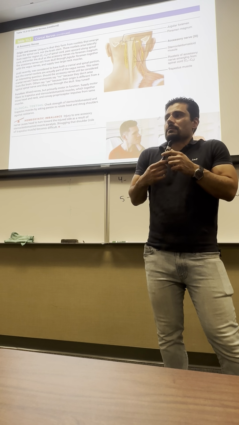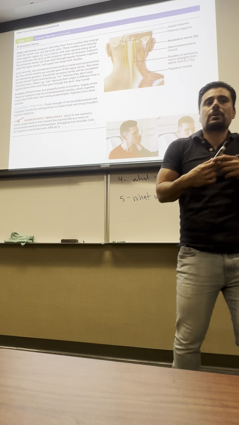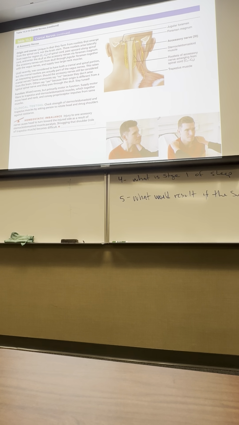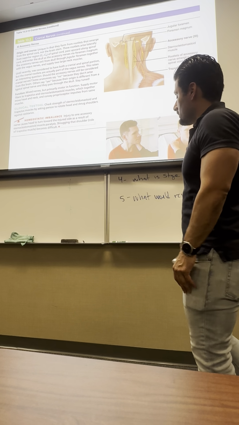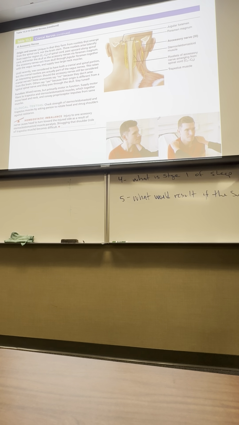And the traps, basically up, right? So shrug. So we're placing our hands on the patient, as you see here, and we're testing this cranial nerve to see if they can go against resistance. If they can't do it, what does that mean? There's injury or damage to this cranial nerve.